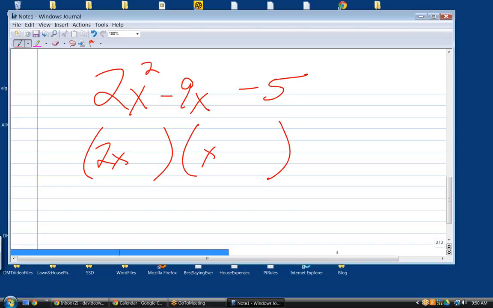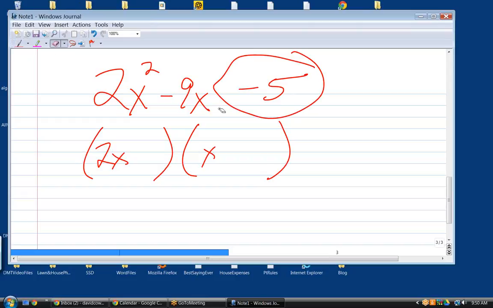This is where it starts to get a little tricky on these level 2 quadratics. Put 2 negatives then? 2 negatives would produce a positive. How can you produce this number? Oh, put a positive and negative? A plus and a minus.